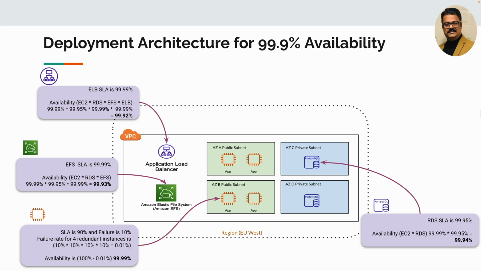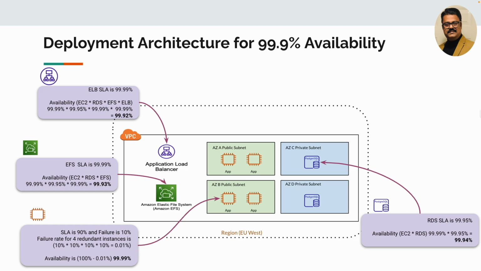Because I want you to understand the limitations with the current design and then see how multi-region can address those limitations. Anyway, coming back to the availability, the current availability after adding all of these components is 99.92%. This is still more than our original requirement, which is 99.9%.